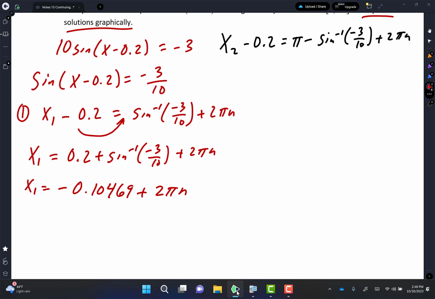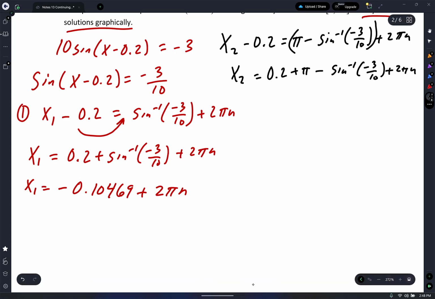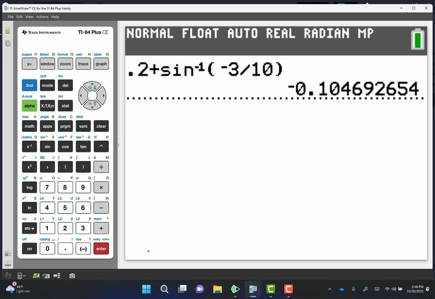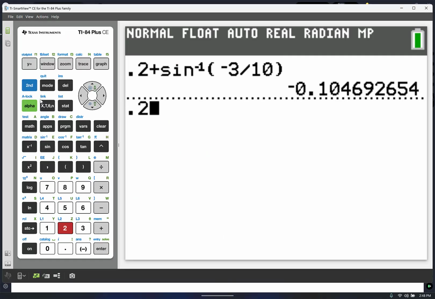And I'm going to go back to the black one over here. I'm going to go x2 equals 0.2 plus pi minus arc sine of negative 3/10 plus 2 pi n. If you like to do this first, then that's fine. Not a big deal. You can just drop the parentheses. It doesn't matter. So here we go. 0.2 plus pi minus arc sine. Let's see. Well, I remember. 0.2 plus pi.